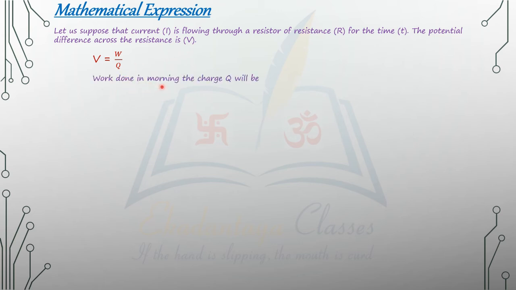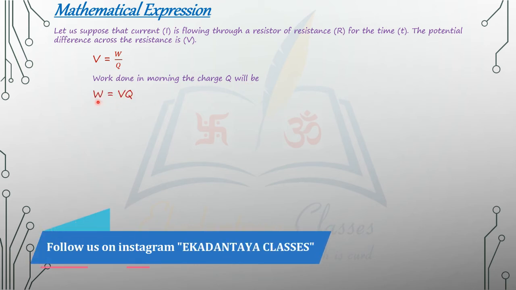Work done in moving the charge Q will be W equal to VQ.